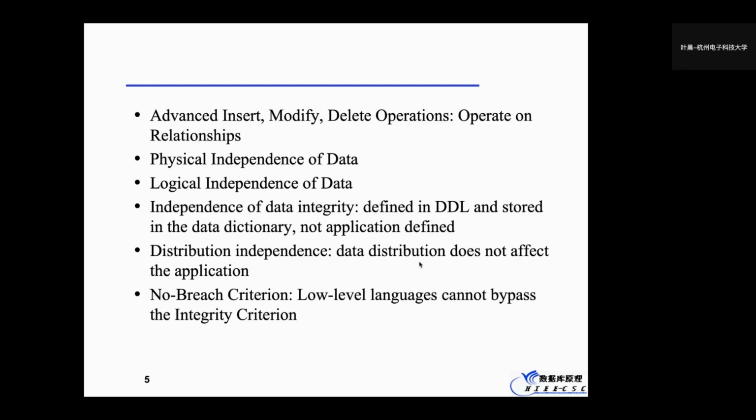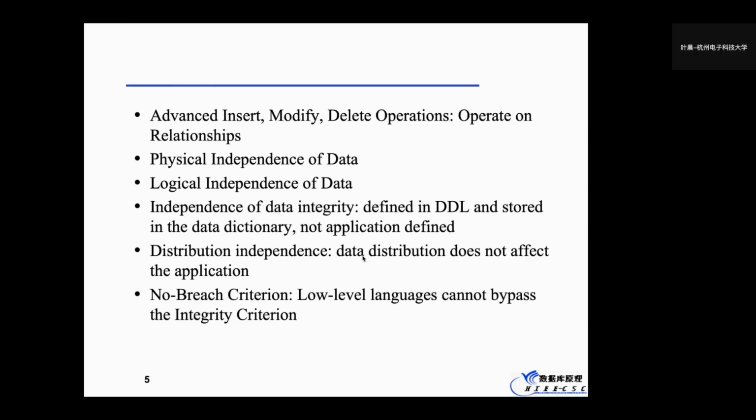And the distribution independence should allow that the data distribution does not affect the application. And the final one is the non-subversion rule, which means a low-level language cannot bypass the integrity rules.